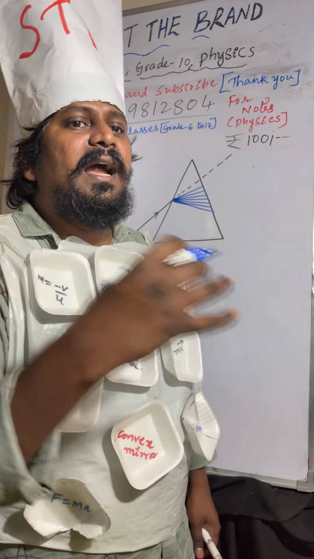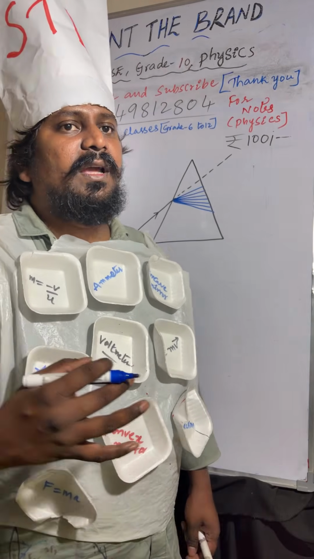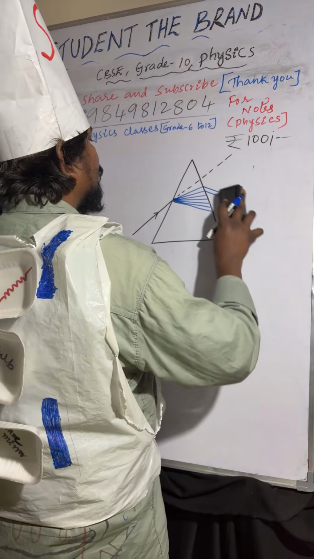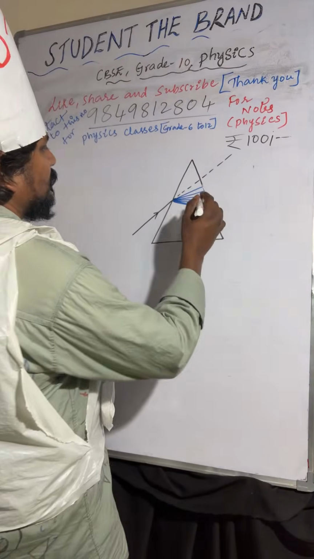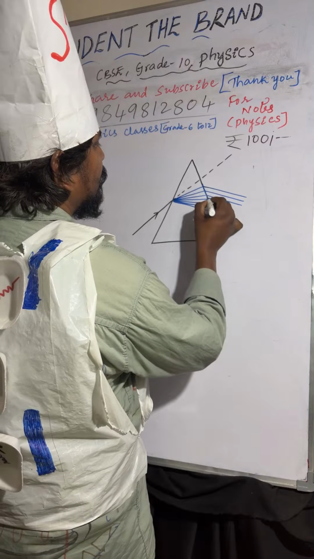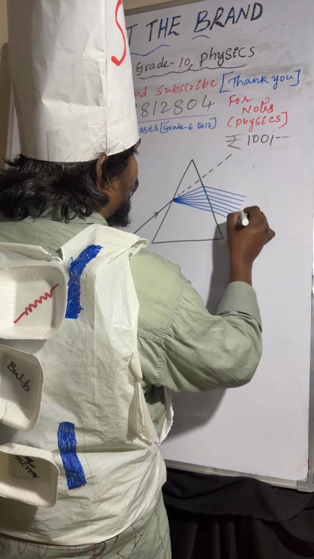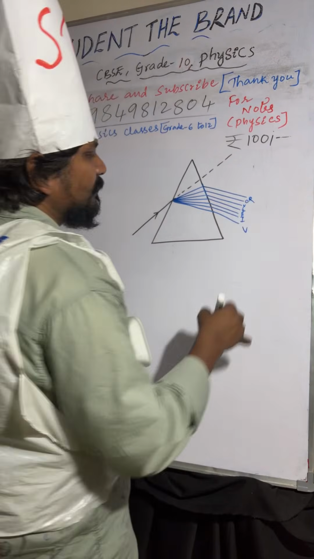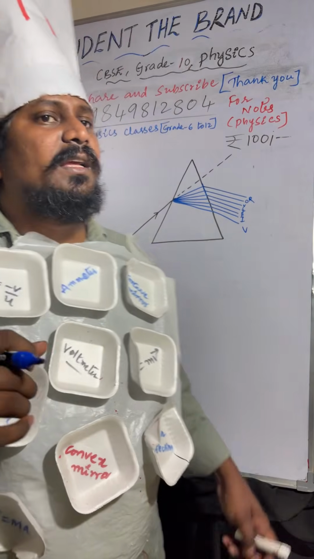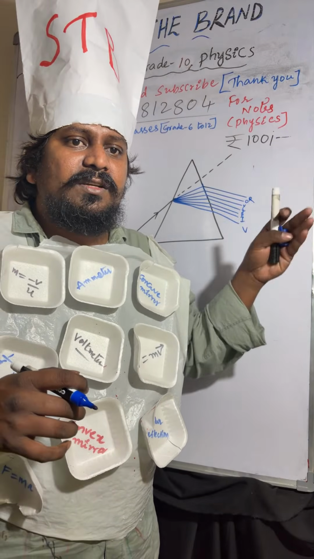Those 7 colors form a band on the screen, which is called the spectrum. The colors are violet, indigo, blue, green, yellow, orange, red. VIBGYOR.